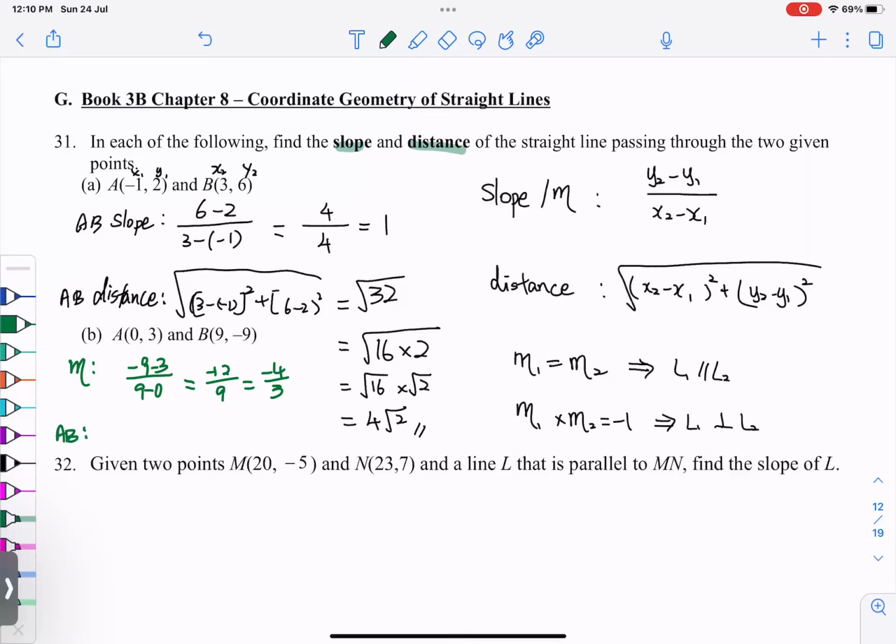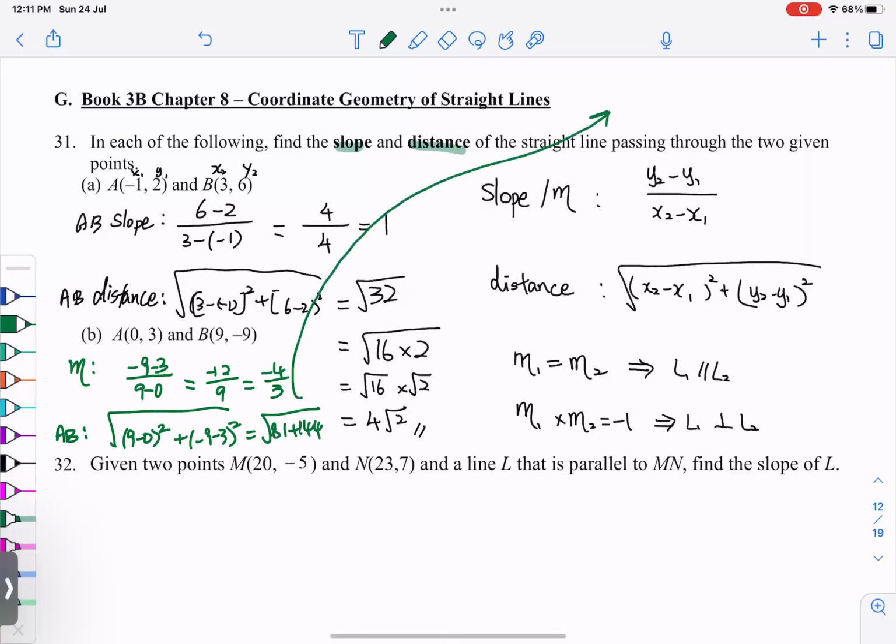OEB is, so you have 81 plus 144. And then where do I write? I'll write here, okay? So you have 225. And then click calculator, you get that as 15. Nice. That's a good distance as well.